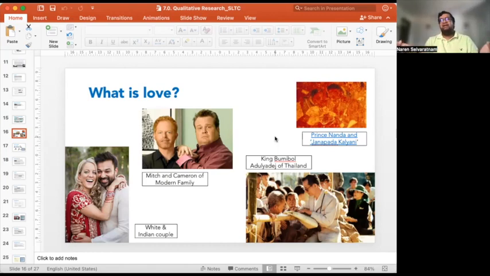So what exactly is love then? These are all different forms of love, so I need to understand the essence of this. What determines that someone loves another? Is it romantic? Is it not romantic? Is it done out of responsibility? Is it done out of accountability? Is it done out of boundless affection towards people?